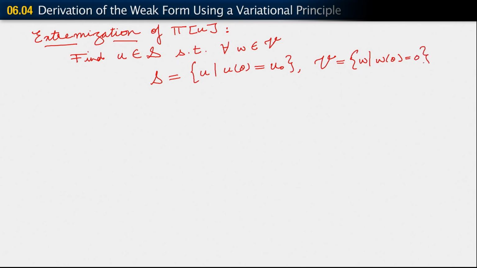Okay, right. Find U belonging to S such that for all W belonging to V, the following holds: d/d epsilon of pi of U sub epsilon, evaluated at epsilon equals 0, right?